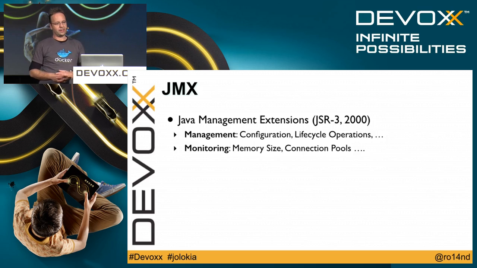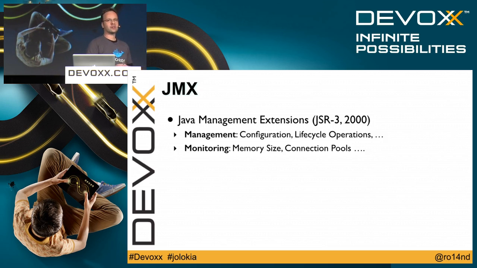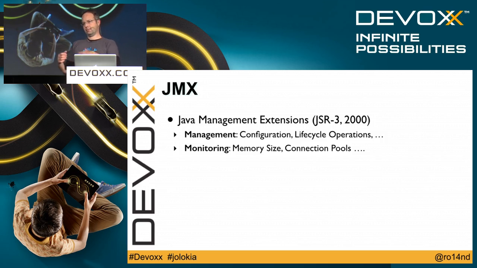It's one of the first, and it's all about management and monitoring. So JMX, the Java Management Extensions, are about management configuration, which means that you can change configuration values, but also about lifecycle operations like starting things or stopping things and so forth, like doing garbage collections.